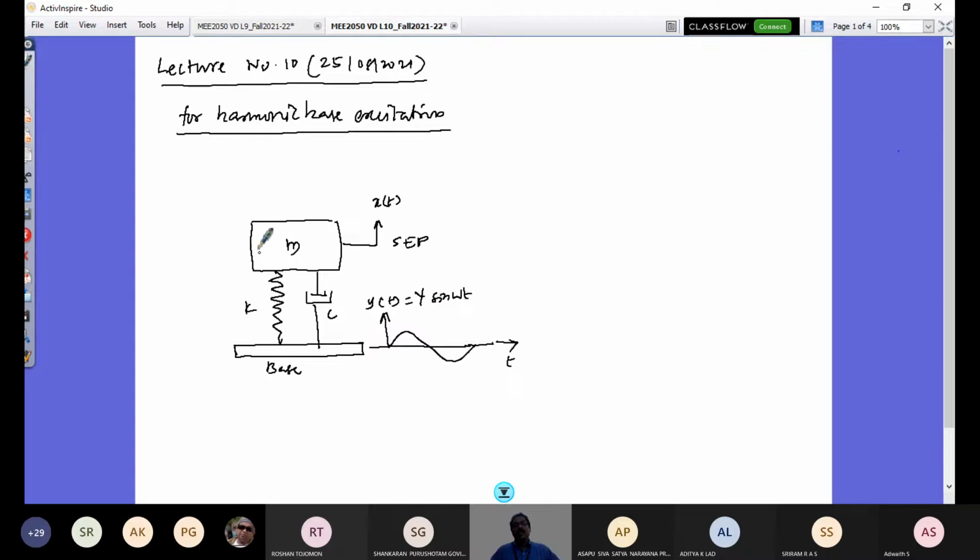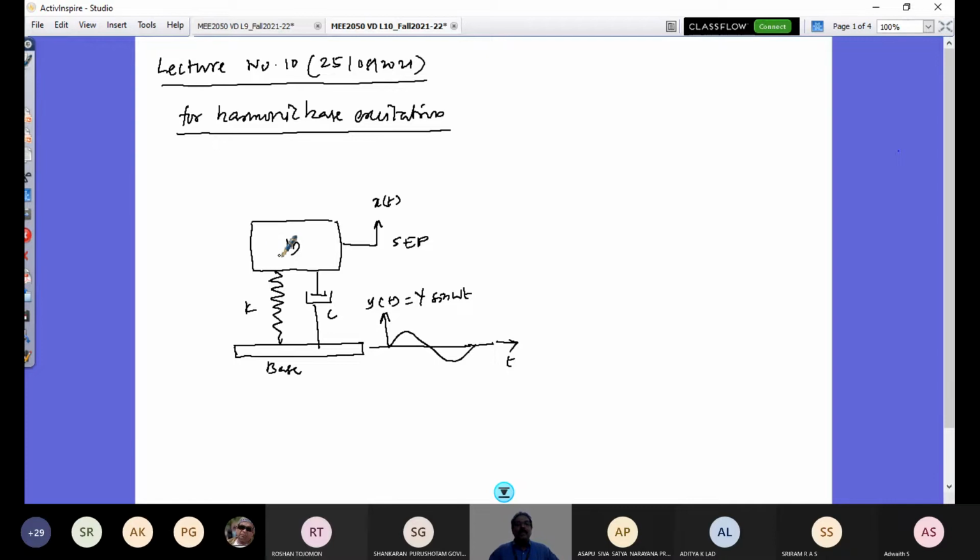At that time, the base is going to give an excitation that would be represented by y sine omega t. So then the mass of the vehicle, that mass we call an unsprung mass. An unsprung mass constitutes the mass of your tire wheel assembly. Anything below the suspension masses are all called unsprung mass. Body mass and cavity inside, with passengers all seated together in a vehicle, that is sprung mass.